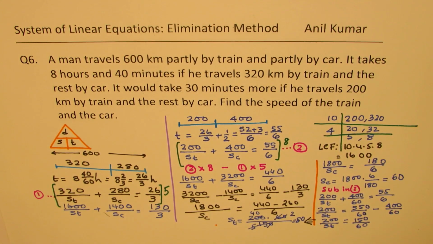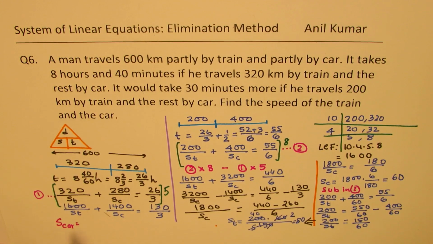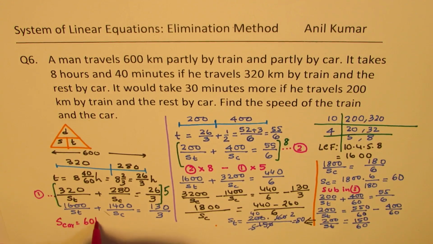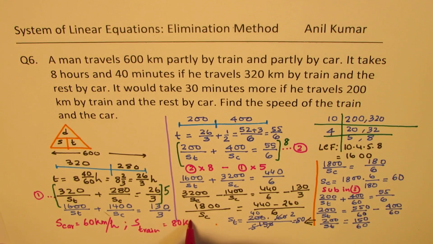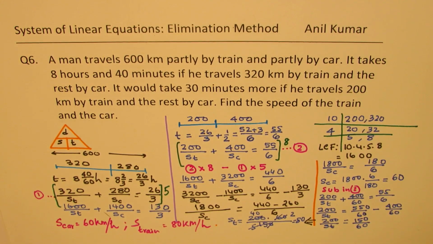Is that clear to you? Right? So we get our answer, and that is the speed of car is 60 kilometers per hour, and speed of train, which you say ST, is 80 kilometers per hour. Is that clear to you?